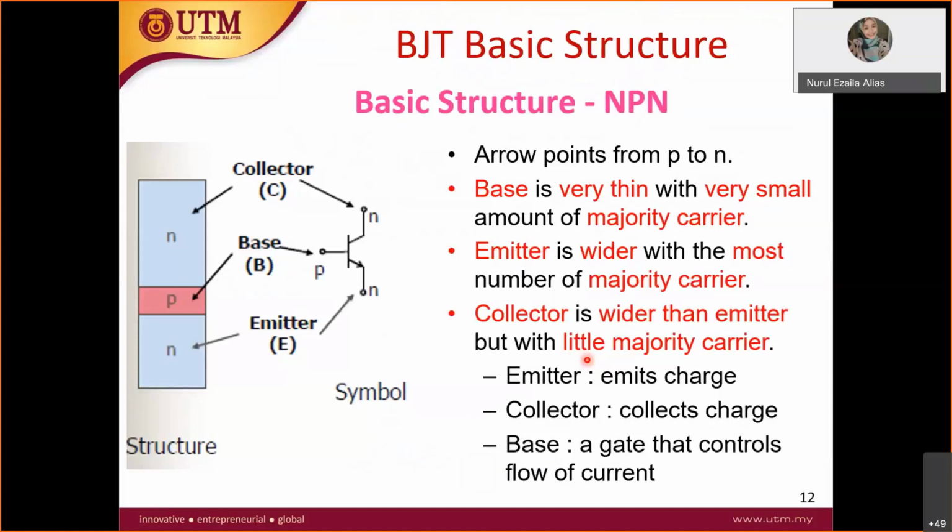So you know that here the base is very thin. Therefore it has a very small number of majority carriers, meaning very few holes here. But the collector and emitter have a large number of majority carriers, which are electrons. The collector is made a bit wider compared to the emitter.